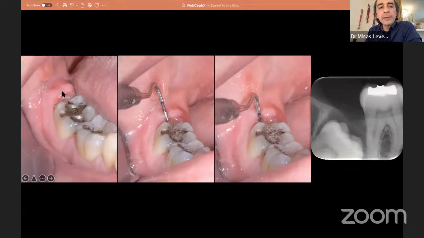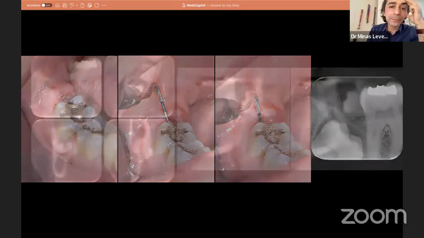Like in this case, this is a 50-year-old patient, the wisdom tooth was neglected. She came to the office in pain, with suppuration and inflammation. So I check with my probe and the probe goes deep behind the 7. I take a small X-ray, you can see all the big problem that the impacted third molar gave us.